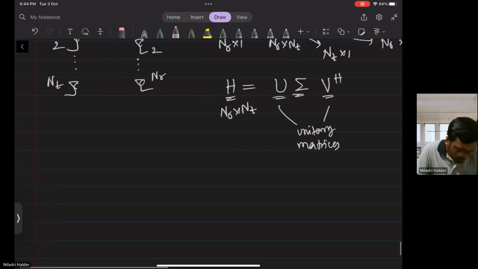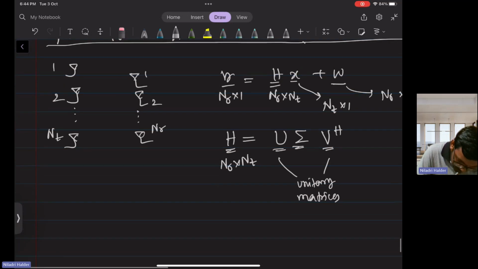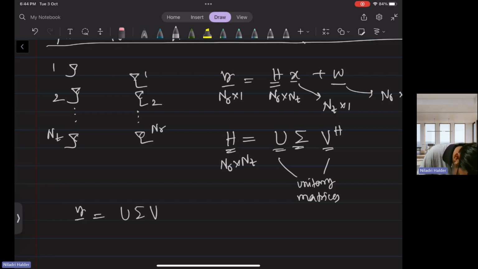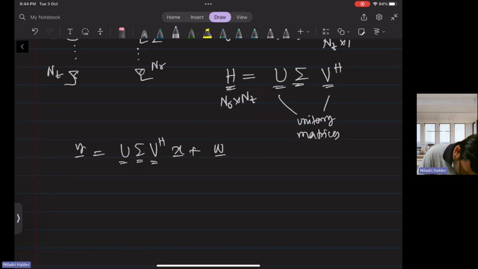So ultimately y equals H x, which is U sigma V Hermitian x plus w. Now we can send x tilde, not x. x tilde is equal to V Hermitian into x.